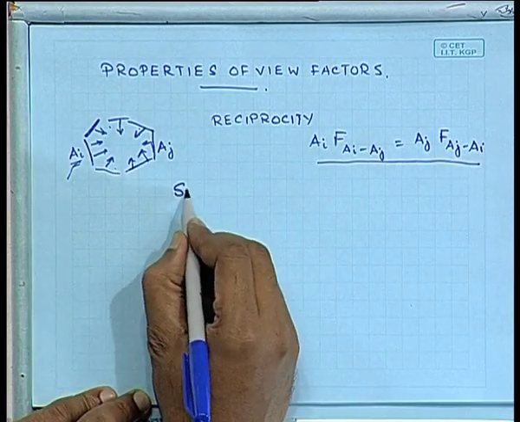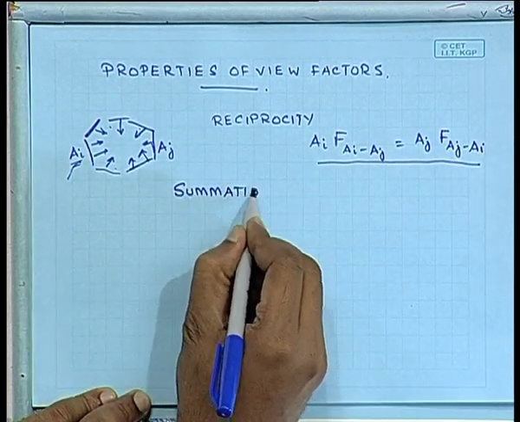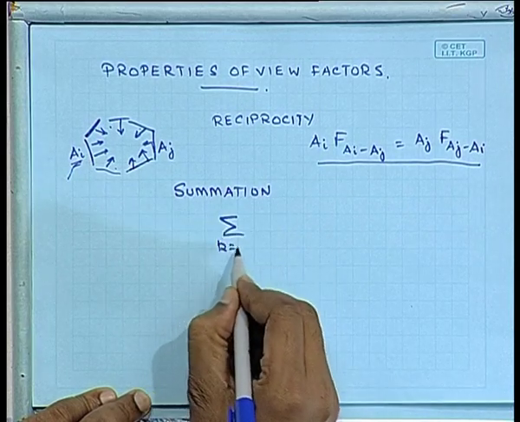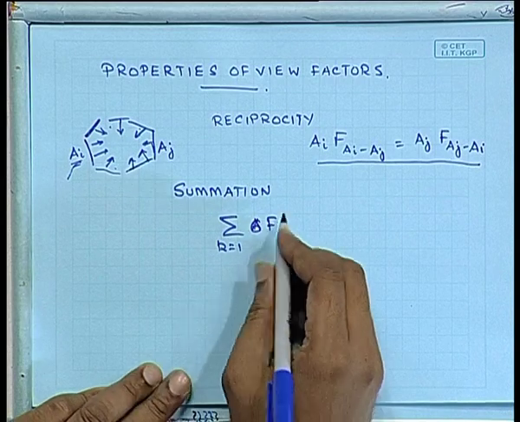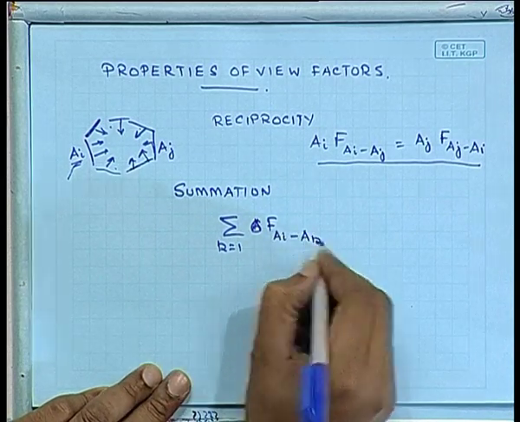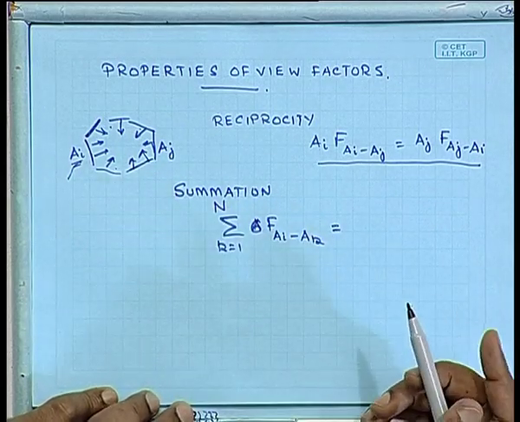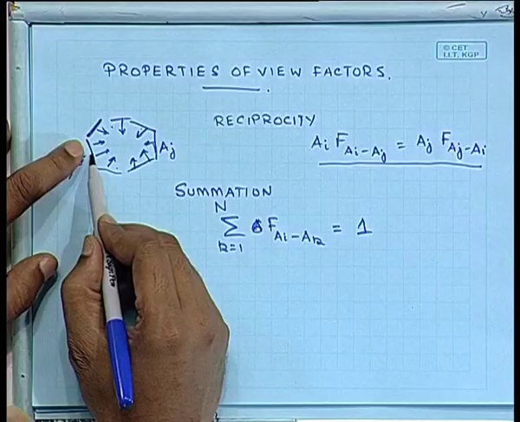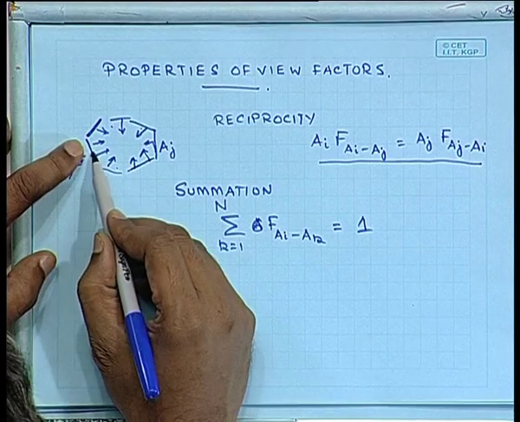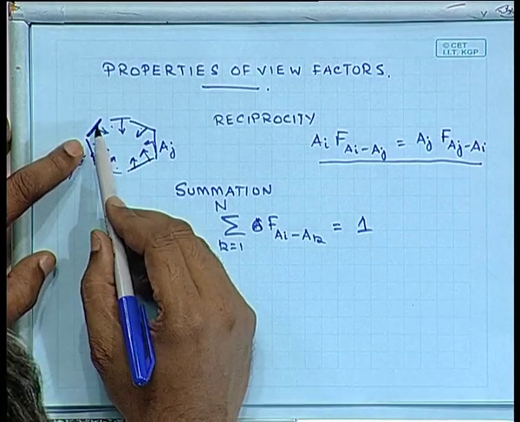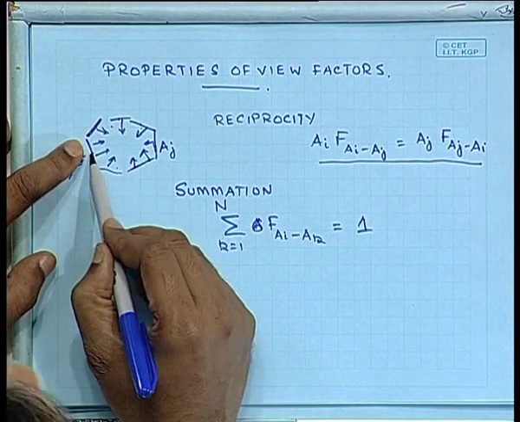The second one is summation. If you sum over all the surfaces the view factor from Ai to Ak, this sum would be equal to 1. If you find out what energy is going to be received by all surfaces including itself forming an enclosure, it has to be equal to 1, because suppose surface Ai emits some amount of radiation, part of that radiation is going to be taken up by all these surfaces including itself.